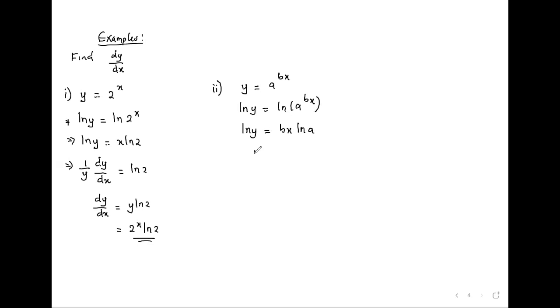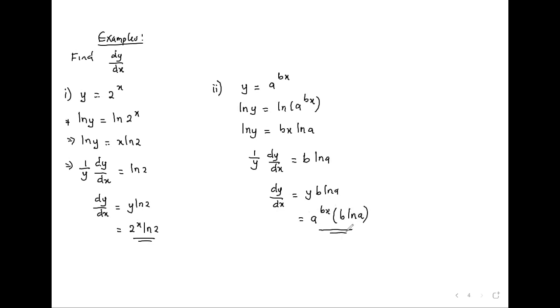Then differentiate y, you get 1, divide by y, and then dy/dx is equal to, differentiate bx, b, and then ln a. Then to get dy/dx, multiply throughout by y, but y is a to the bx, and then b ln a.